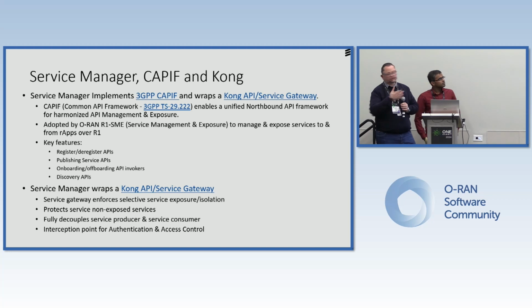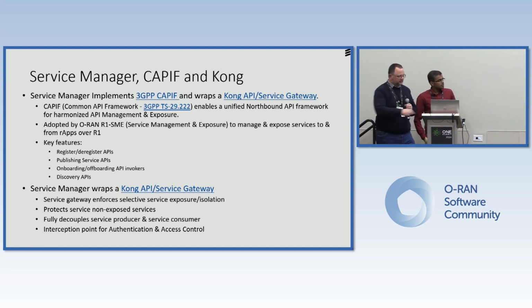That's defined in the 3GPP CAPIF specifications. The service manager also wraps an API gateway, which gives us an enforcement point to ensure that service exposure is controlled and managed in the way that we need. We also have a study running in the project on how you actually enforce that. We haven't integrated the enforcement yet, but we now have somewhere to do it in the API gateway.